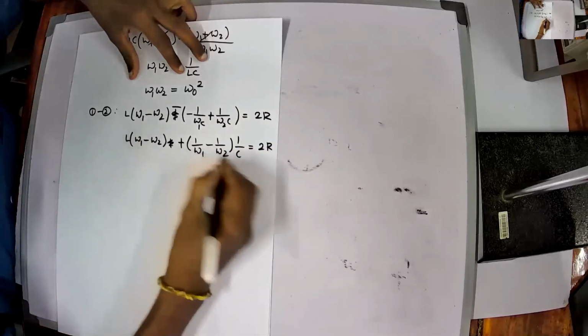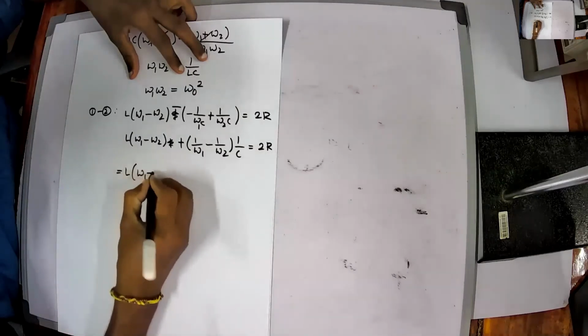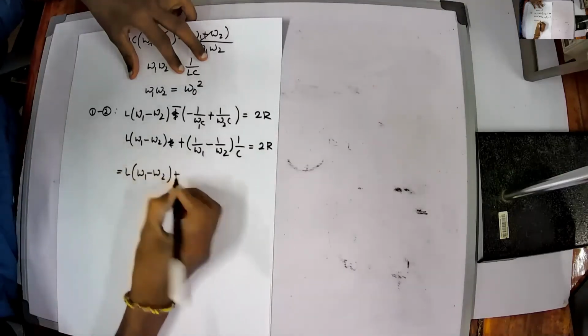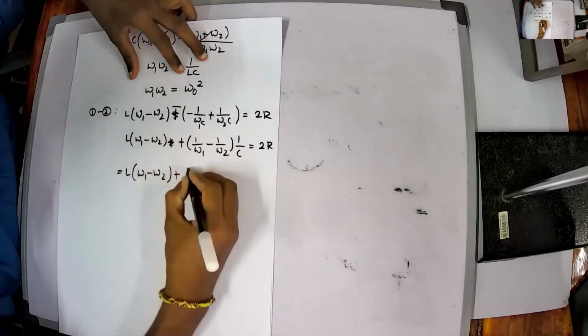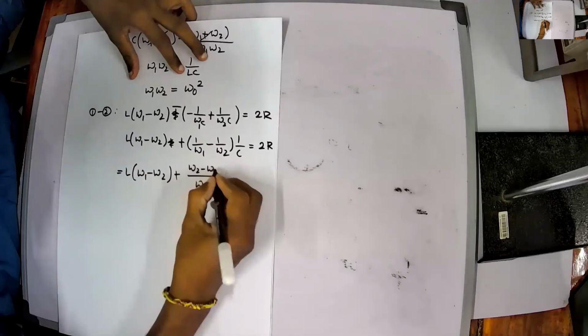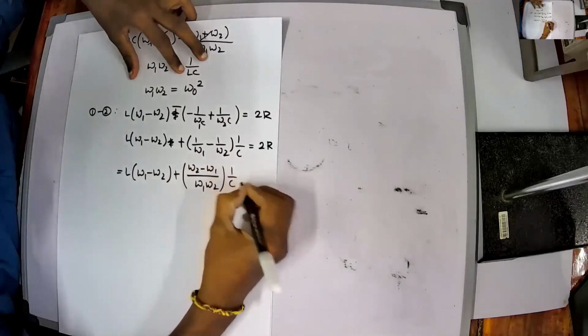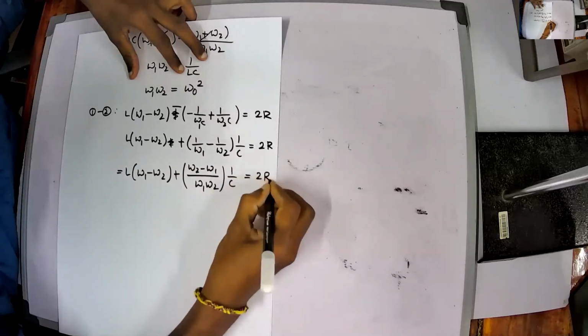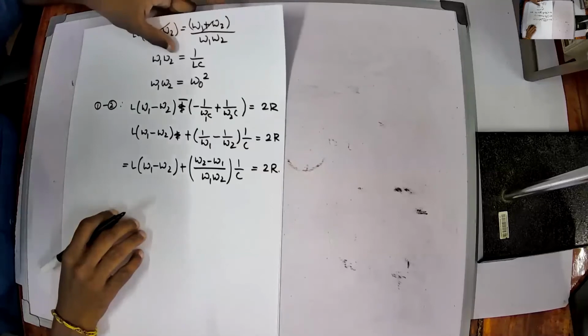Clear. Now I can take the LCM. So L into omega 1 minus omega 2 plus omega 1 omega 2 over omega 2 minus omega 1, into 1 over C equals 2R.